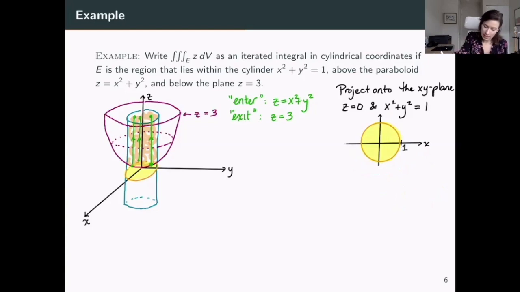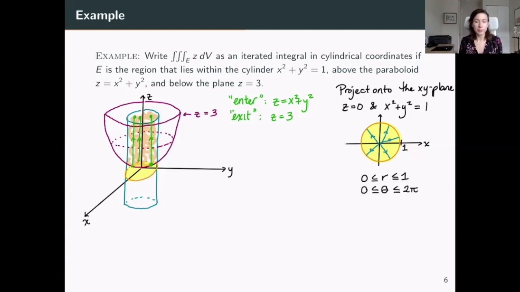And we can see that in this case, our r is going to be ranging between 0 and 1, whereas our theta is going to be ranging between 0 and 2 pi. Again, our change in r goes from 0 to 1, and this is happening for all values of theta from 0 until 2 pi.